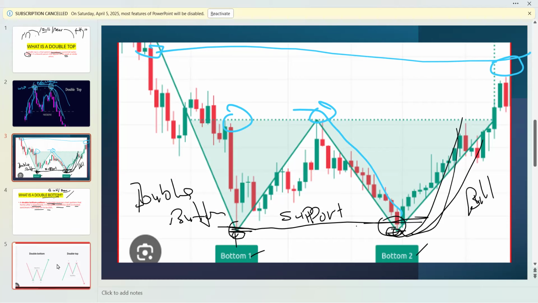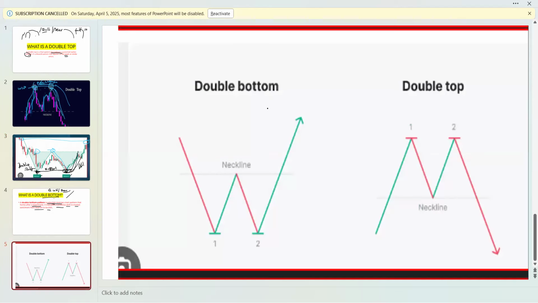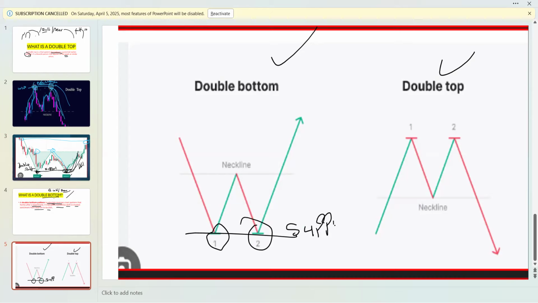Last, I'm going to show you how they look like on the chart. You see this? We call that a double bottom here. See the double top there. Double bottoms are always identified at the support. It starts going down and creates a low there. Price refuses to go down and stays at the same level.